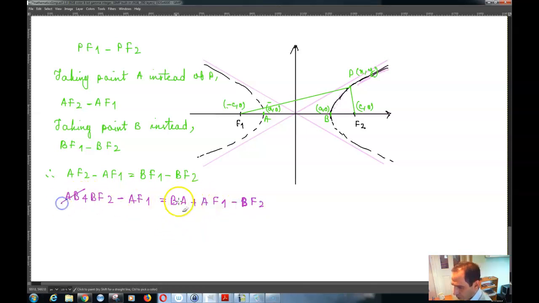I can simplify these two, and I can write negative AF1 minus AF1 is equal to negative BF2. Let me do it this way.